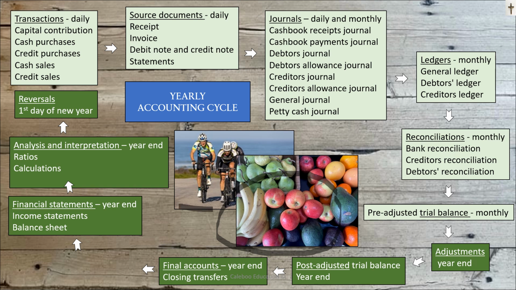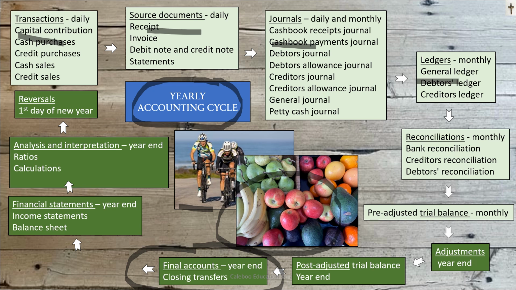This is a healthy cycle, the yearly accounting cycle of the bookkeeper. I've put this slide on just to point out before we do the calculations where we're at, and we've done the final accounts at year end. So transactions have taken place, they were recorded on source documents, the source documents were journalized, entries were posted to the ledgers, reconciliations took place, there was a pre-adjusted trial balance, adjustments happened, and we got a post-adjusted trial balance.